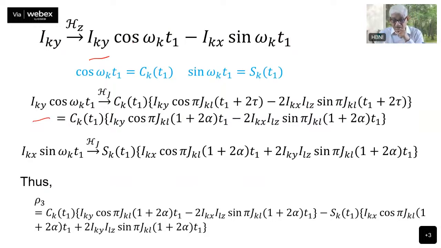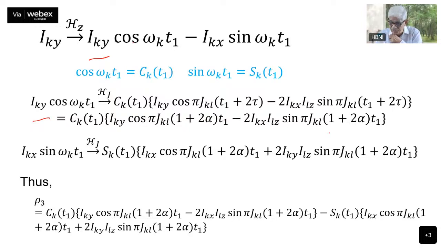What I have done here is, for the period tau, I have put alpha T1, which I gave in the previous slide. Tau is equal to alpha times T1, which is proportional to T1. Therefore, this becomes 1 plus 2 alpha T1, minus 2 IkX IlZ sine pi Jkl (1 plus 2 alpha) T1.